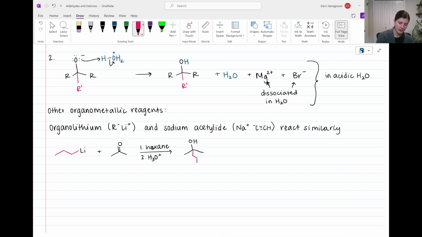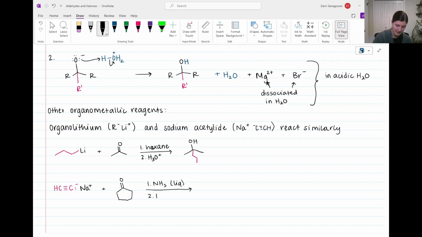So that's an organolithium reaction, and then a sodium acetylide is next. We've got our organic reagent, carbon triple bonded to another carbon, charge balanced with a sodium. We can add that. Let's do cyclohexanone as our ketone. Common solvent here is liquid NH3.